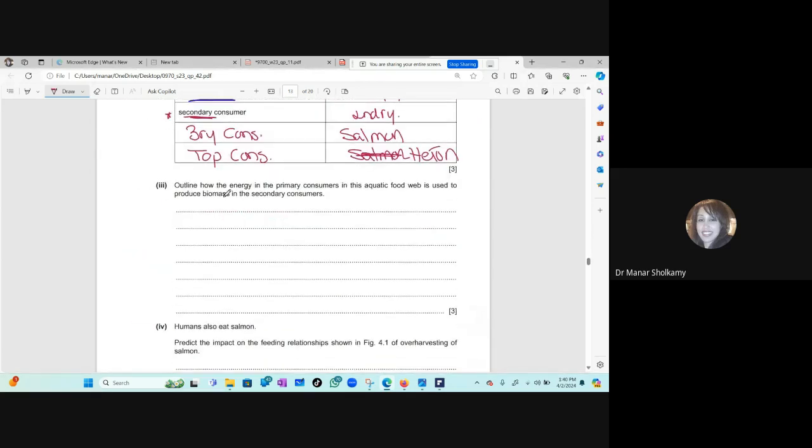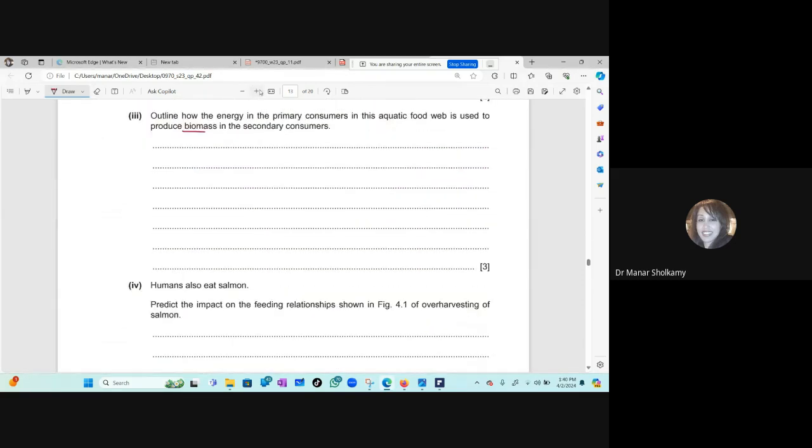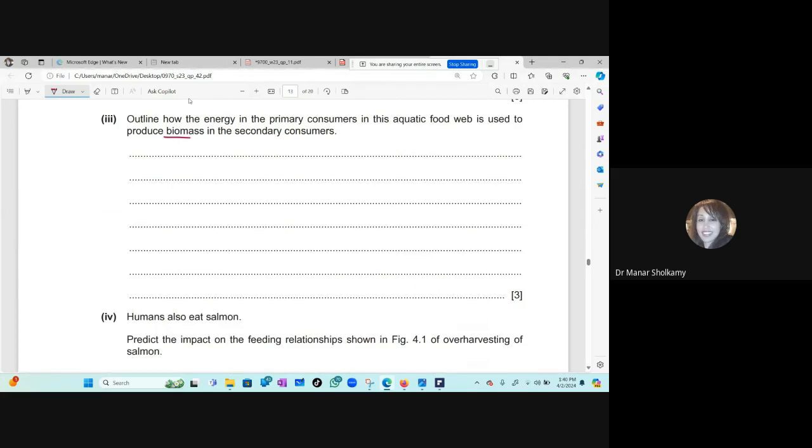Okay. Outline how the energy in the primary consumers in this aquatic food web is used to produce biomass in the secondary consumer. Now, again, this is year 9. Talk to me about the primary consumers and how do they trap energy. This was the first sentence in the lesson. Who will answer this question for me?